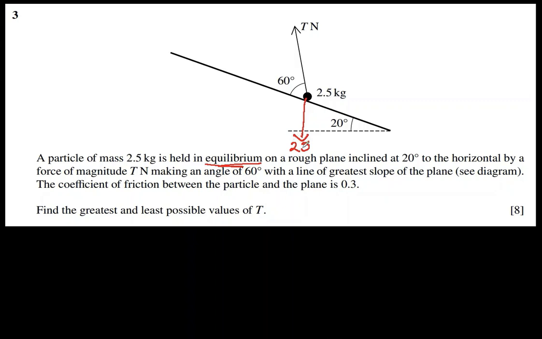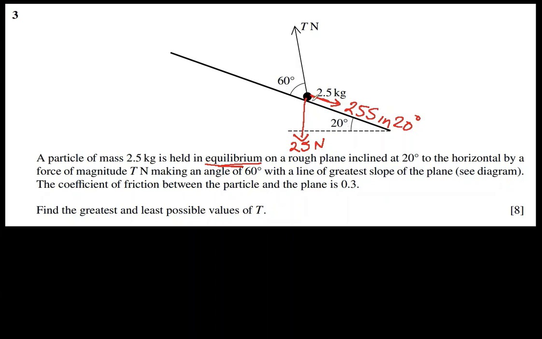It is 2.5 kg multiplied by 10, the gravitational acceleration, we get 25 newtons as the weight. So the effect of this weight in this direction, which will try to bring it down, will be 25 sine 20 degrees, because the angle is 20 here.